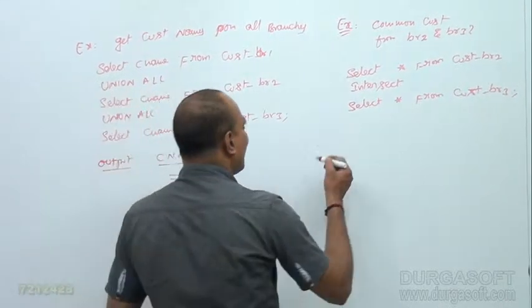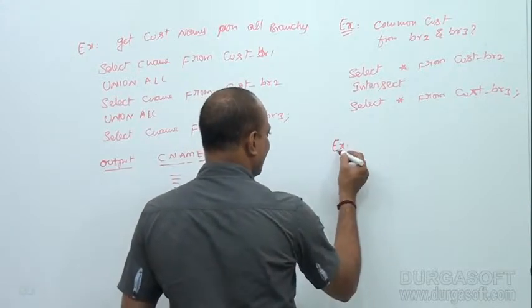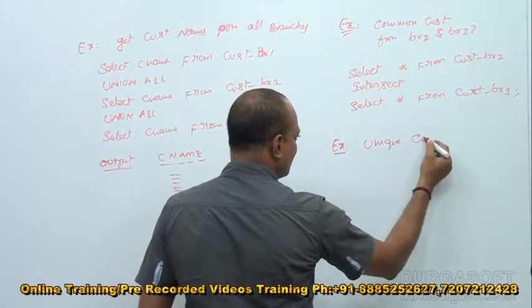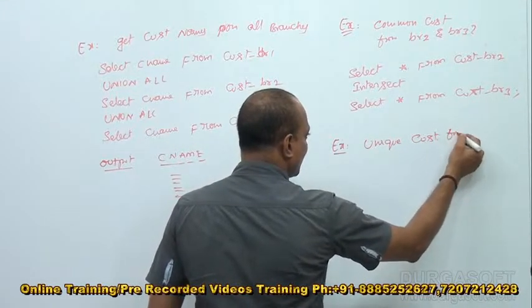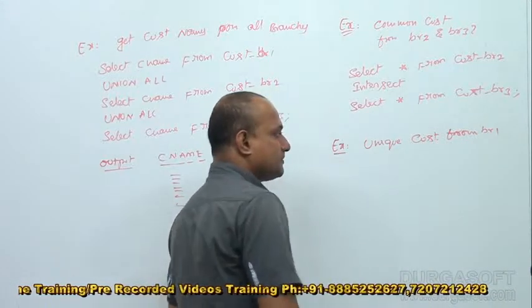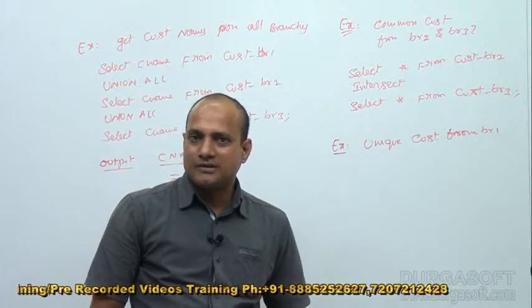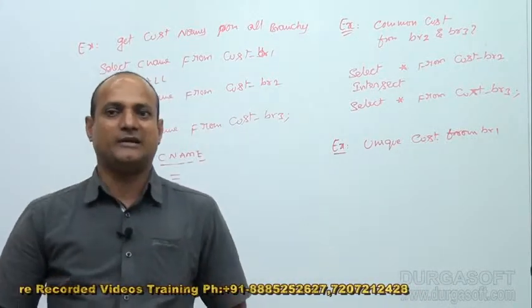Now I need unique customers from branch 1. Remember, from branch 1. Unique customers from branch 1 means the customer should not be repeated in the second branch, and should not be repeated in the third branch.